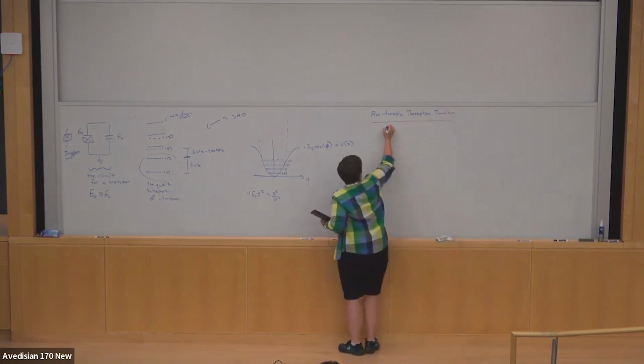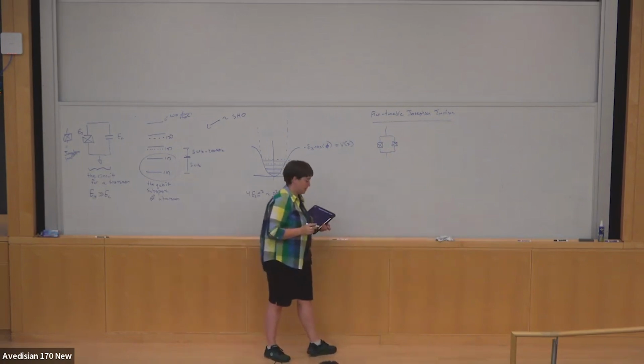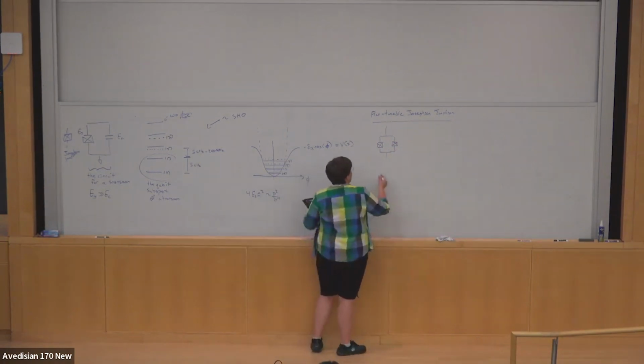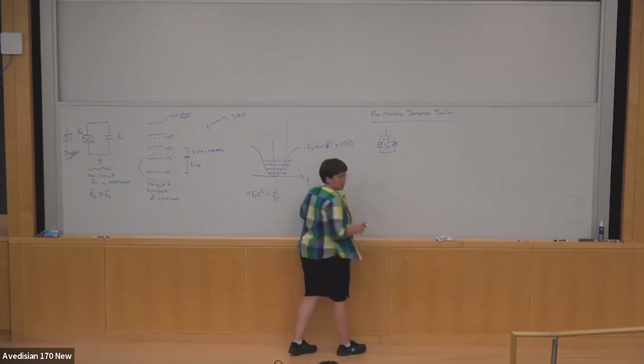And so the question really is, if I have a circuit that looks like this, so I take two Josephson junctions in parallel, and then I apply a magnetic field in here.